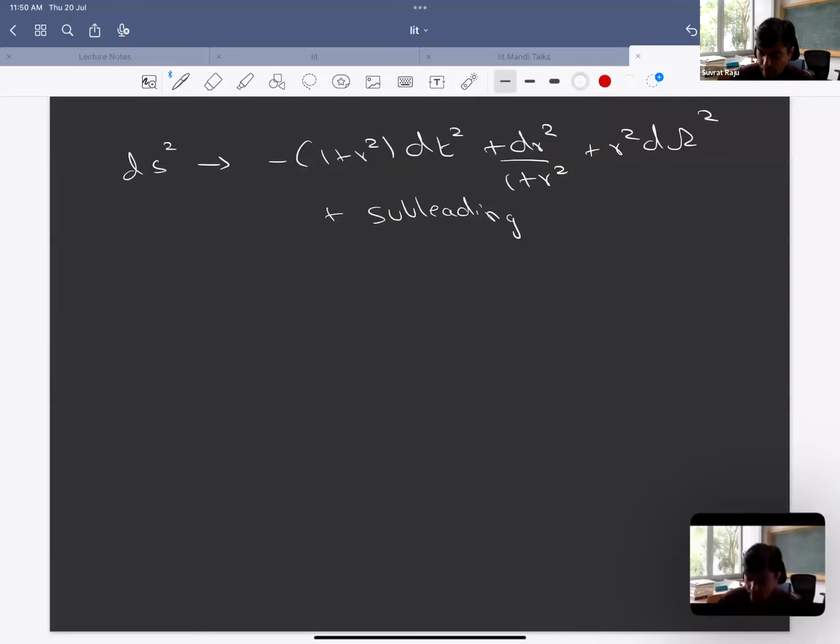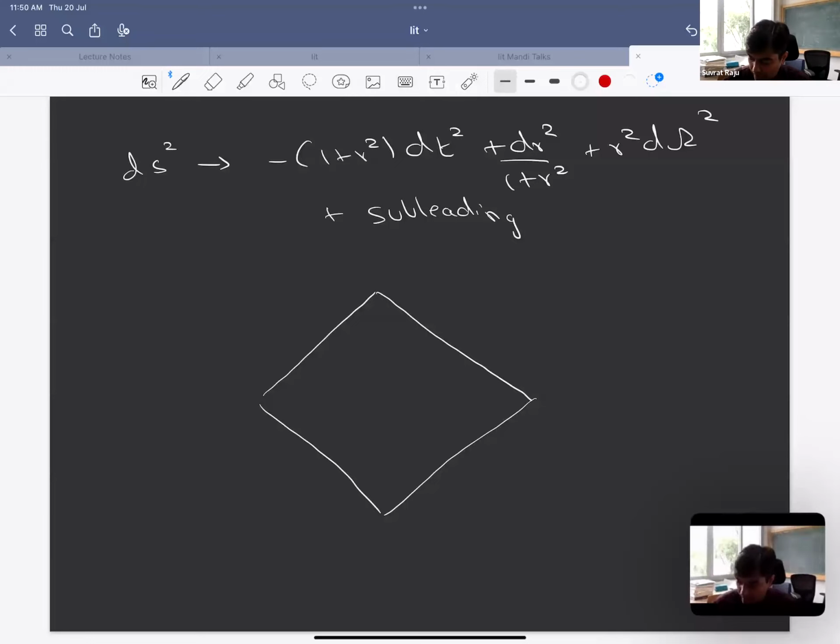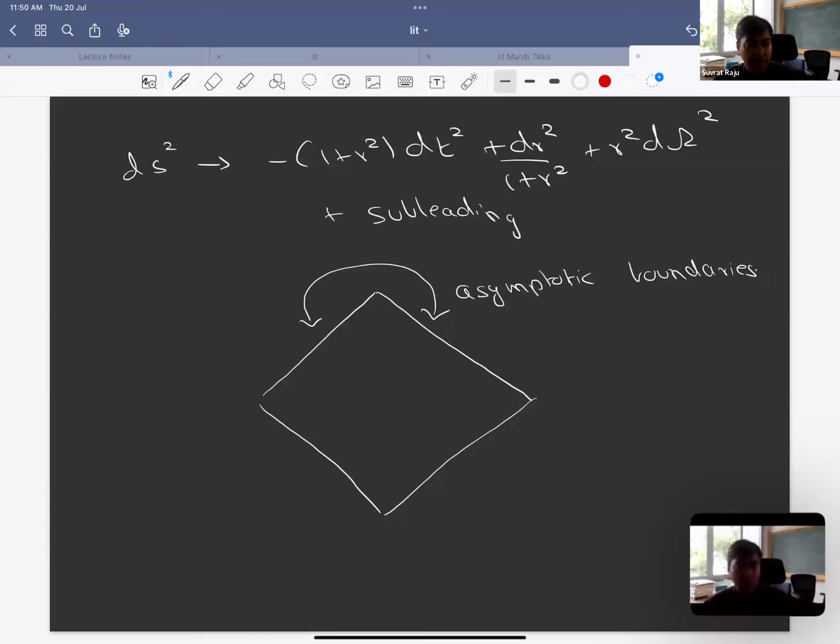Similarly, when we think of flat space, and when we draw this kind of a Penrose diagram, what we mean is that the asymptotics are held fixed. So these regions are the asymptotic boundaries. And what we want is that as you go to infinity, the metric should stop fluctuating.